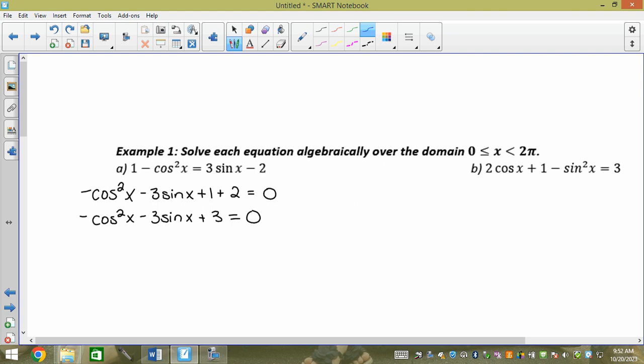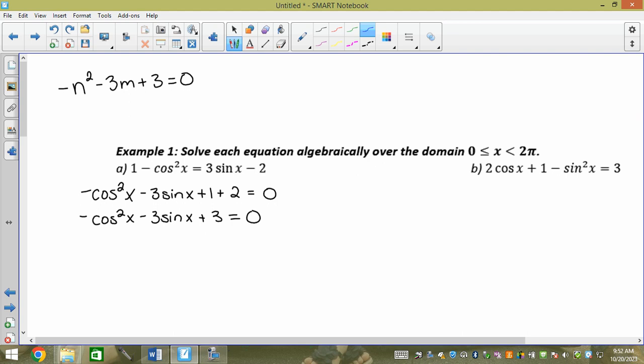And then people are like, I don't know. When you guys do this question, you're like, oh, that's a sine squared, and you replace it, and then you solve it like factoring. Can we do that? Let's think about it. If cos was n and sine was m, let's pretend, I would have negative n squared minus 3m plus 3 equals 0. Have you factored anything that looks like that before? N squared and an m?